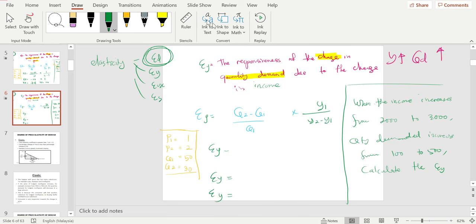In this case, this will be Y1, Y2, Q1, Q2. So put the info there.